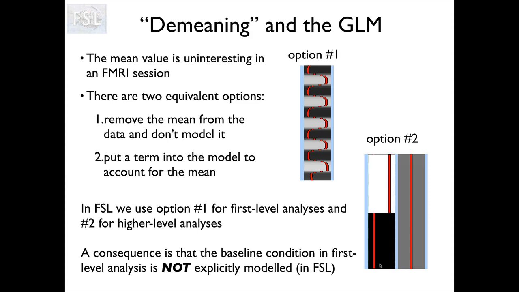The first regressor here models the difference in activation between the two groups, which is obviously interesting. The second one here, which is the mean, models the average activation across the two groups, which is also interesting. We are interested to see, is there an average activation somewhere in the brain that is common to the two groups? So at the second level, the mean is sometimes interesting, so there we model it. At the first level, we don't model it.